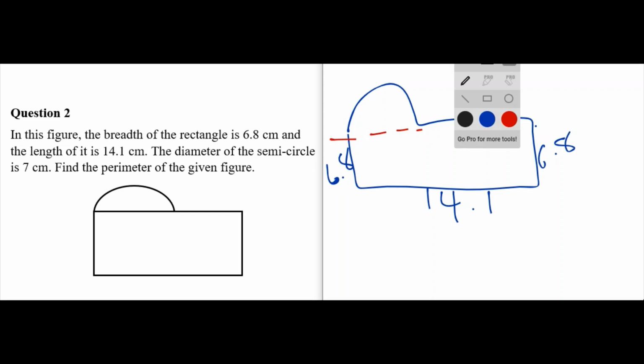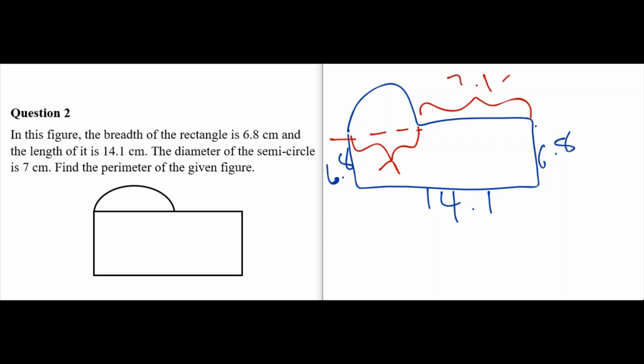So it's the diameter, which means from here to here it's 7, not the radius. So we can calculate the length of this part very easily by subtracting 7 from 14.1. Therefore, this is going to be 7.1 cm.